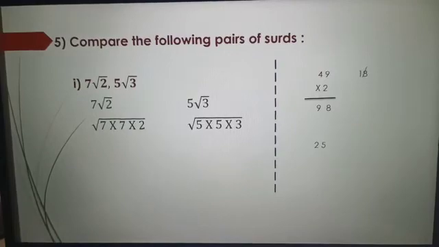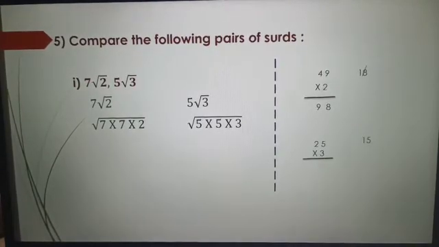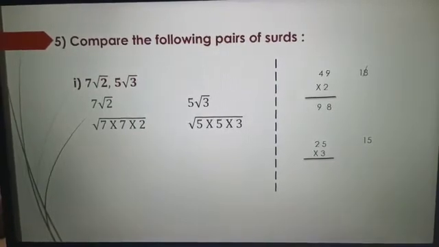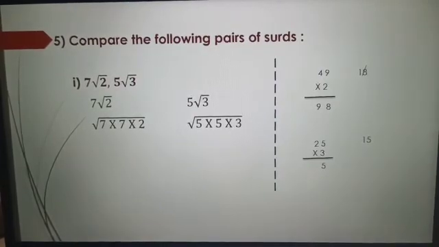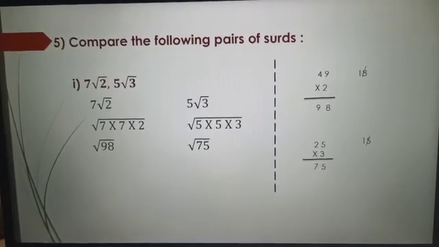So 25 3s are 5 3s are 50. So write 50. Then 5 should be written down and 1 is carrying. 3 2s are 6, 6 plus 1 is 7, 75. So first answer is square root of 98 and the second one is square root of 75.